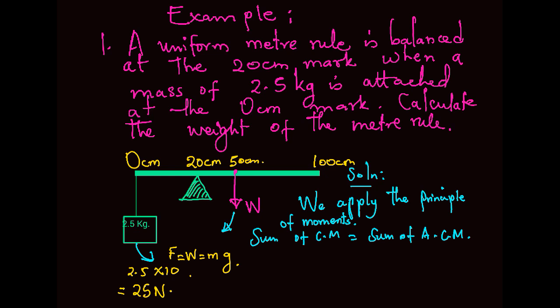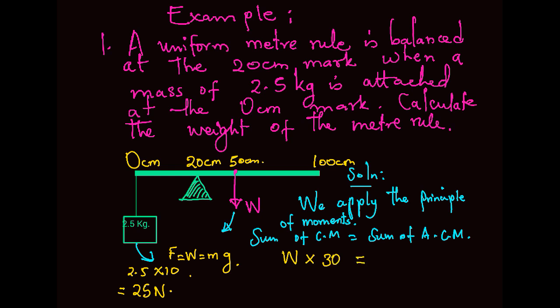So applying this and substituting, we have the weight, which creates the clockwise moment, multiplied by the distance, which is 50 minus 20, is 30 centimeters.